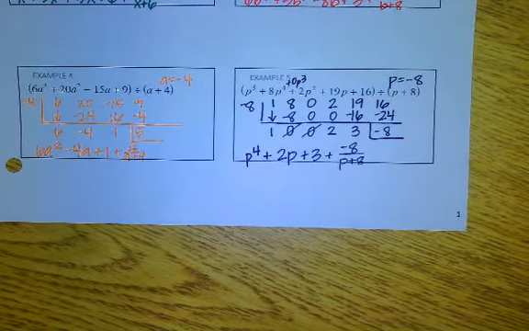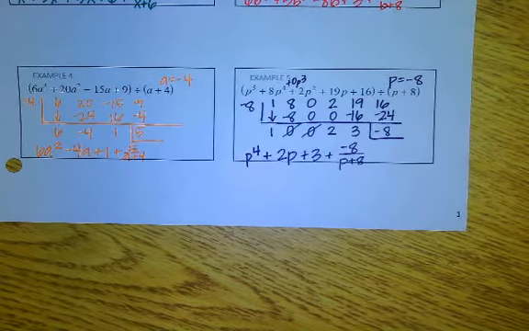Then you're making sure what? You have all of your degrees. And then in the event that you're missing some, you're doing what? Putting a 0 or a placeholder. Your quotient represents all of your terms without the remainder, and then your remainder is that bottom right-hand box.